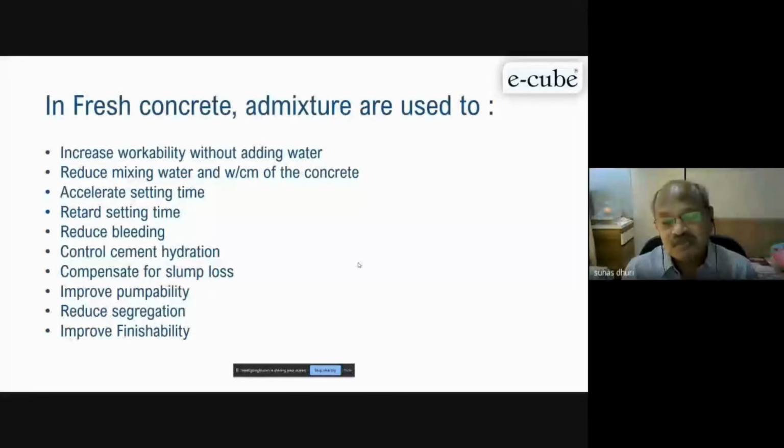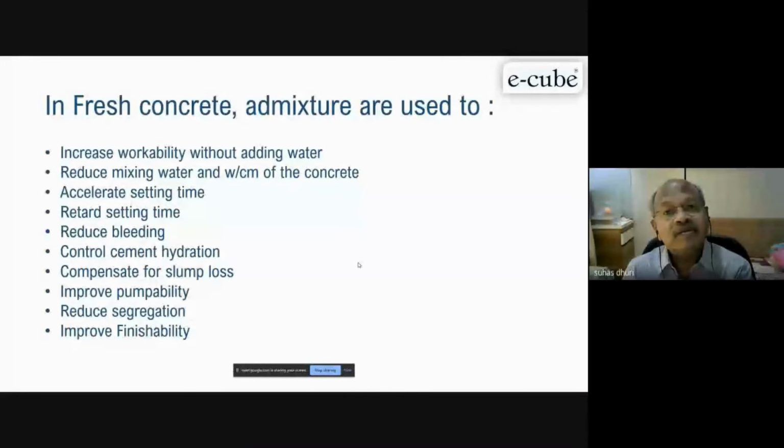As you must have seen, most of the bleeding, when you talk about fresh properties, we'll discuss in detail what bleeding is. Bleeding is basically, once you place the concrete and vibrate it and then make the finish, especially for slabs where the surface area is large, you'll find within say half an hour to 1 hour, thin water is coming up on the surface.